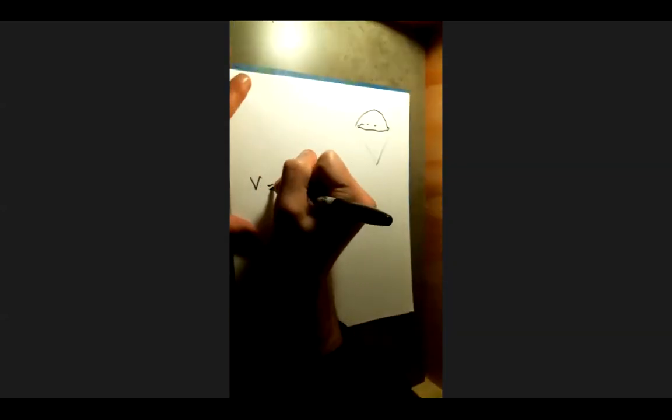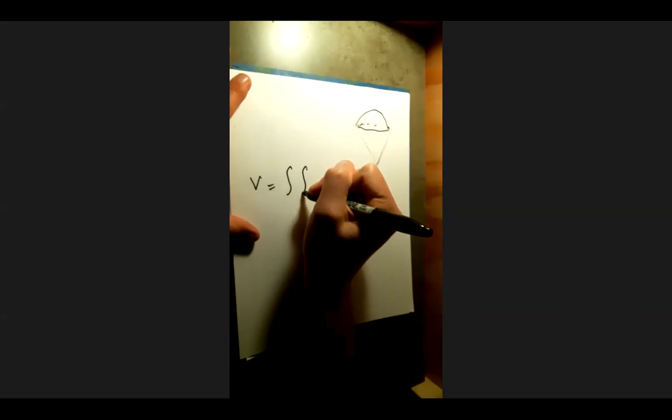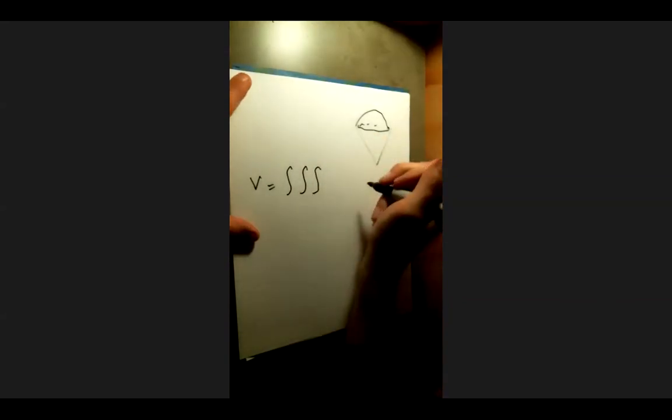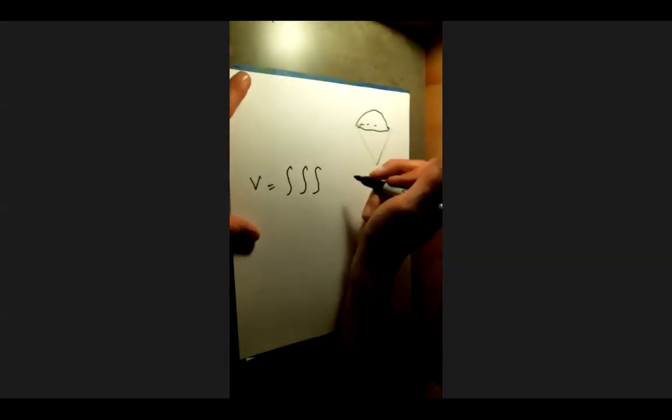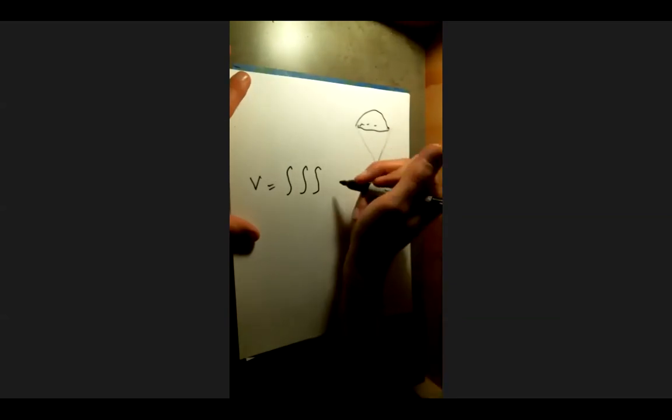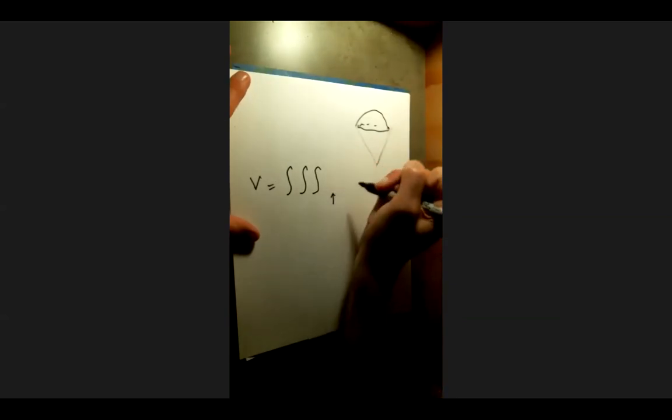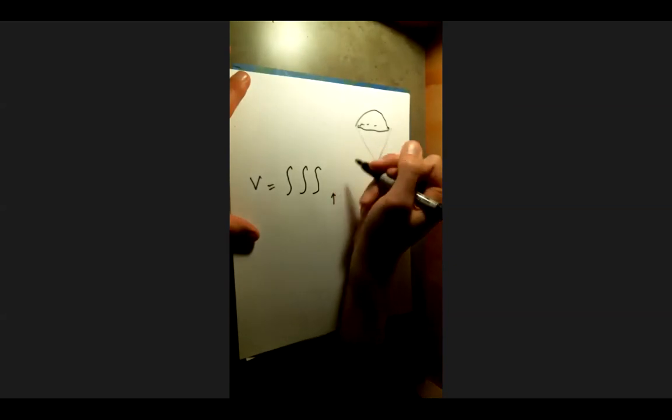Okay. So our volume is going to equal a triple integral. And since we're doing volume, what's our integrand going to be? What's our function here going to be? 1.